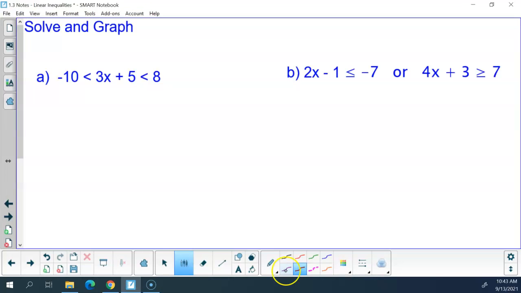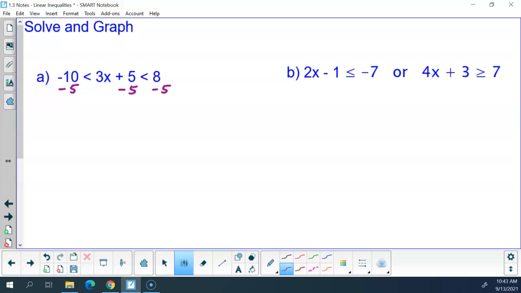So first thing I would do here in letter A is subtract 5 out of the middle. But if I'm going to do that, I've got to subtract 5 over here, and I've got to subtract 5 over there. I've got to do it in all of the parts. If I'm doing it in one of the parts, I've got to do it in all the parts.